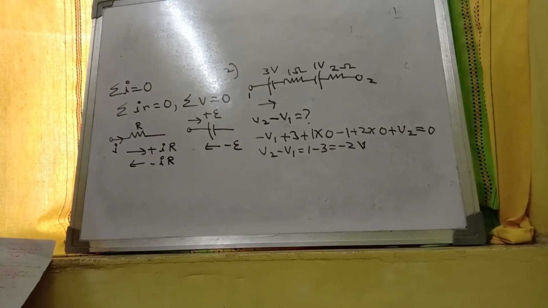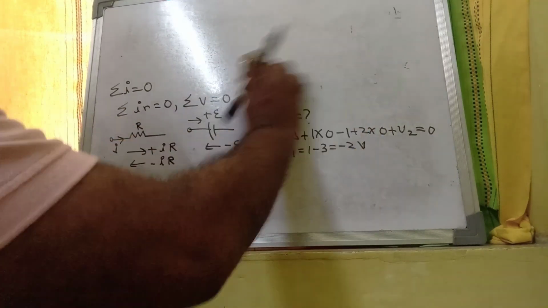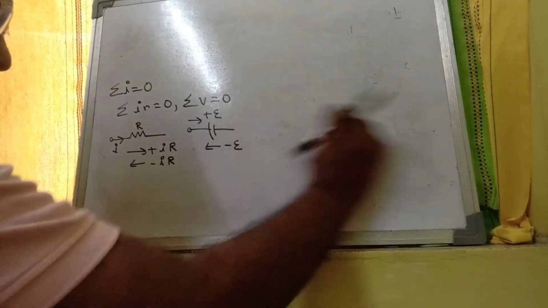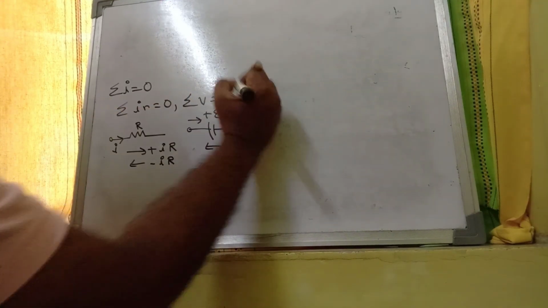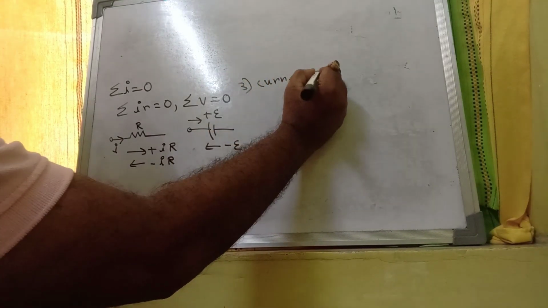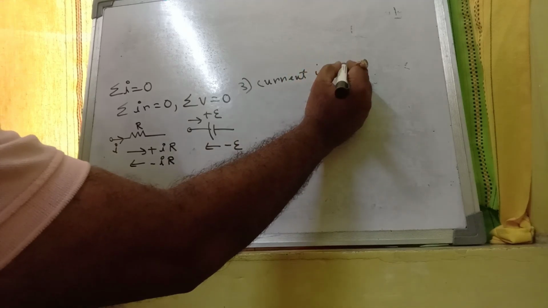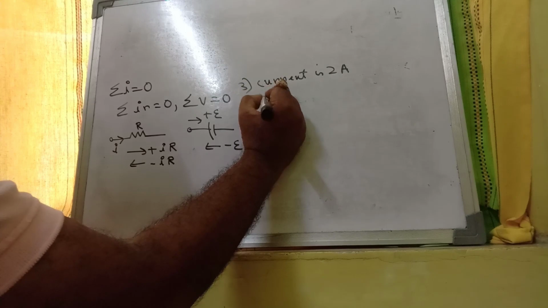Sum number 3. Now here your current is 2 ampere, it's given. Now I have to find VBA.